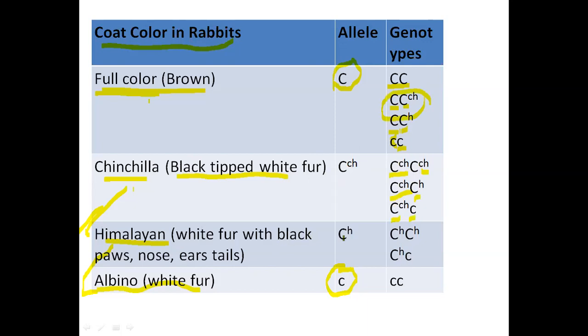Himalaya, which has the fur with black paws, nose and ears, is only dominant over albino. So either pure homozygous Himalaya or heterozygous with small c, these genotypes will have the phenotype of Himalaya, and albino is small c and small c.